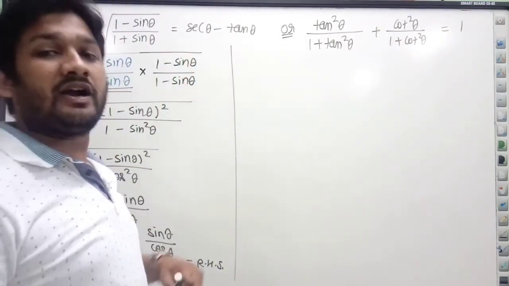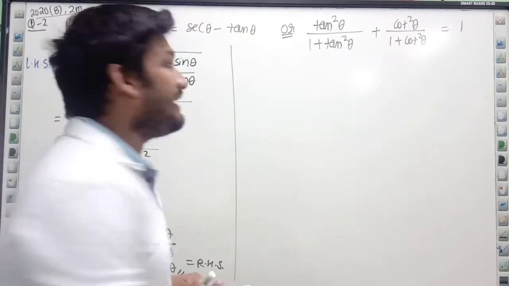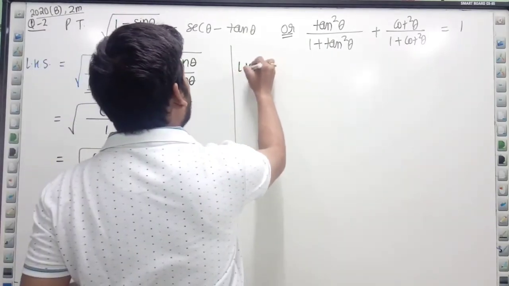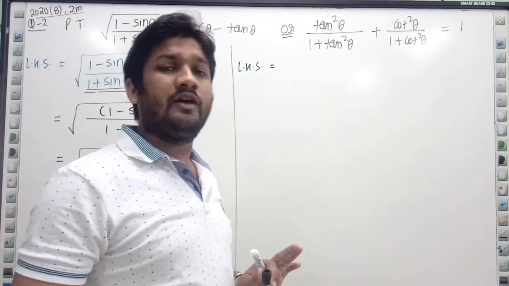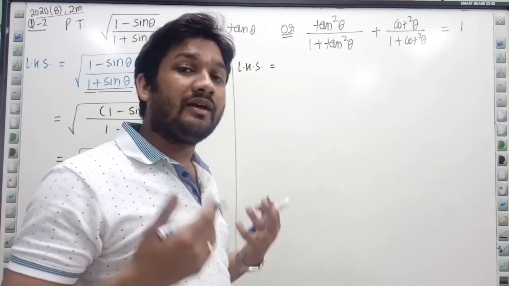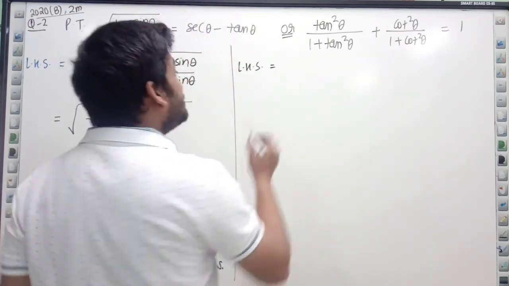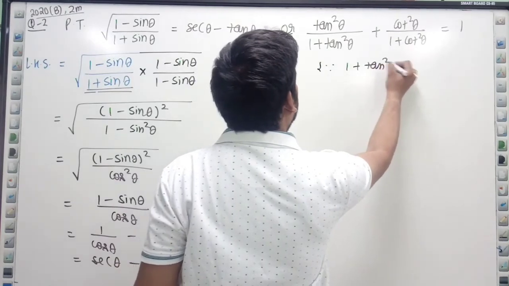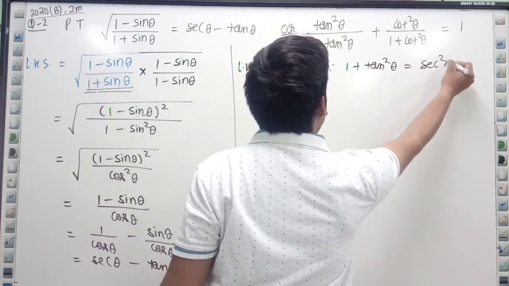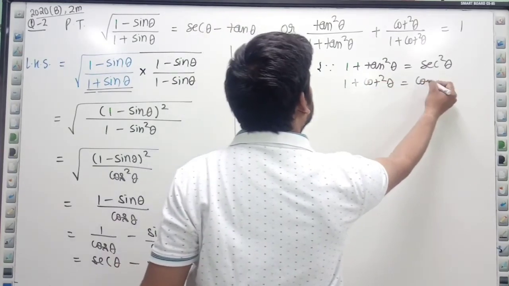Now the second part of this question, the optional part, we need to prove. I am taking the LHS side. By observing this, do I have any identity here? Yes, you can say, sir, 1 plus tan square theta is sec square theta, and 1 plus cot square theta is cosec square theta.